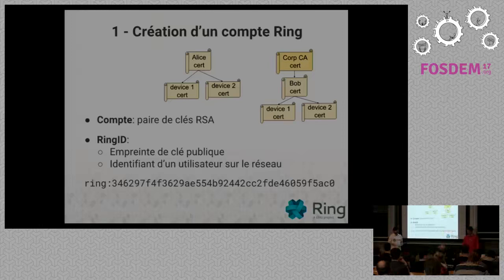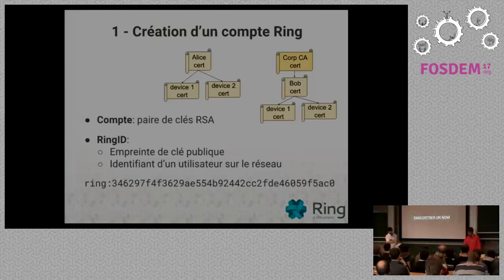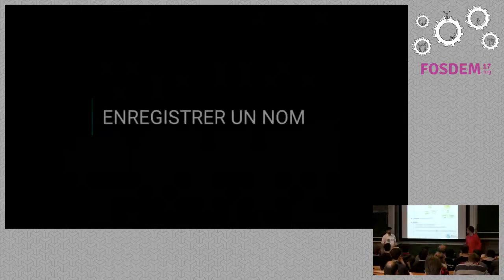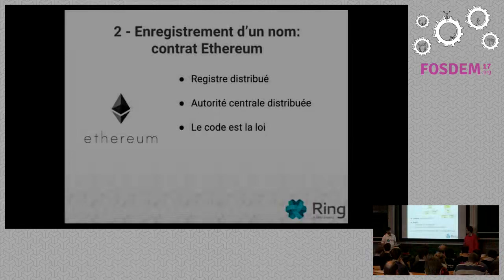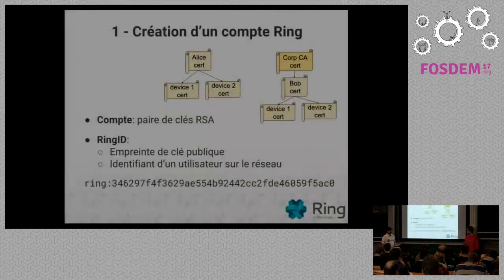In a minute I'll give a demonstration of creating a Ring account. What we call a Ring ID is essentially your public key, and this is now represented by a username, so it's much easier to use the software as an end user. You can look up a name rather than trying to paste your long string of characters into a paste bin or something like that, which is what we used to do.